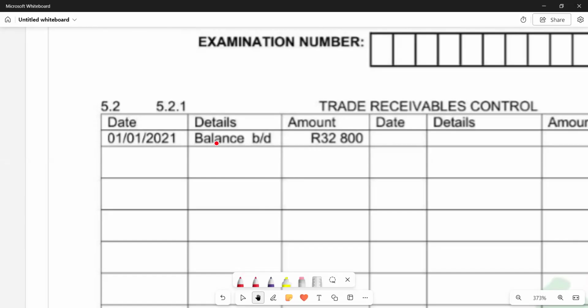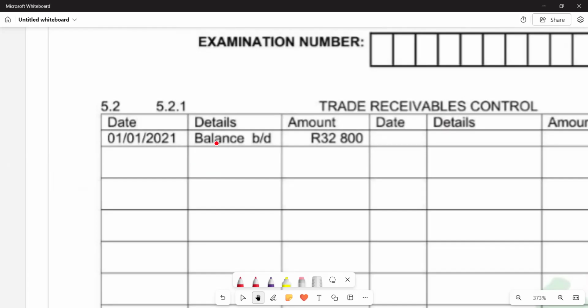And then if you have any credit losses or bad debts, that is any debtors who are failing to pay their money back, who are giving us proof that they can no longer pay back our money, we regard them as credit losses, and they should be on the credit side of the trade receivables control.